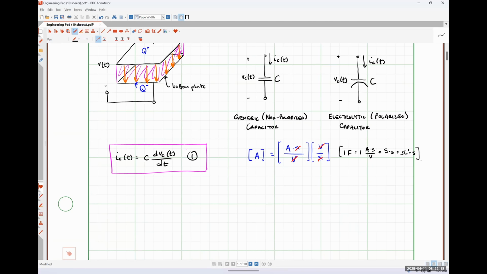So we have that same basic form, except that we've swapped current and voltage, and we've replaced inductance with capacitance here. We are going to see that that is true for every single one of the relationships today. Every equation that we get for our capacitors is going to look exactly like the equations that we got for our inductors, except that we swap I and V and we replace L with C.